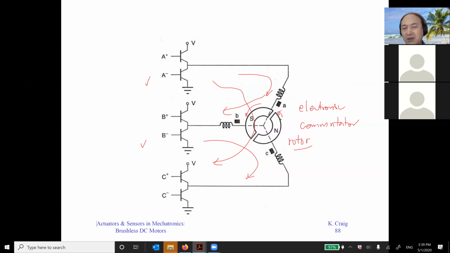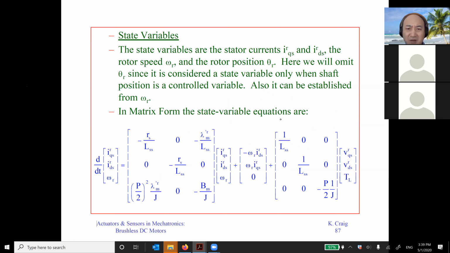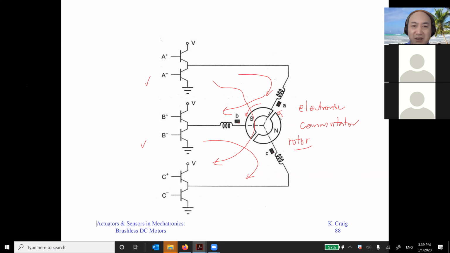I think I did a very brief introduction of brushless DC motors. In the end, the state equation is the same as for brushed DC motors. The difference is that we don't do the brush mechanically, we do it electronically. These are the brush commutation logic.